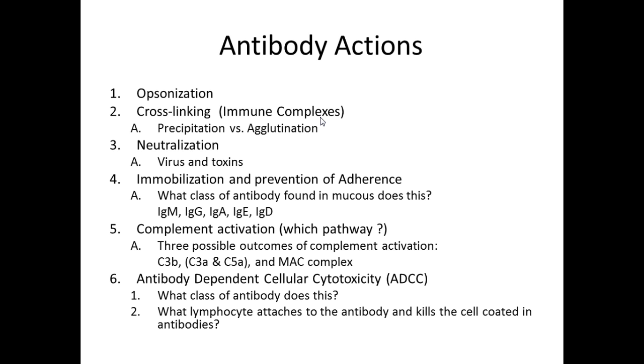Now, next on the list is neutralization, and this is distinct to viruses and toxins. When the antibody binds, it's said to neutralize a toxin or a virus. What is it stopping these things from doing that they need to do to harm us? Attach. Viruses have to attach to our cells and then gain entry.